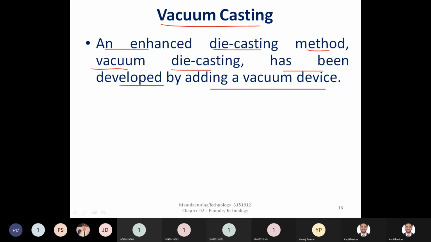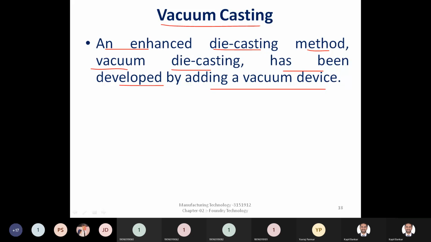Die means metal mold. Two metal molds are there, but the difference between die casting and vacuum casting is what? In die casting, there is no vacuum between these two molds, while in vacuum casting, vacuum is created between these two molds. And because of vacuum, molten metal will enter in this process.